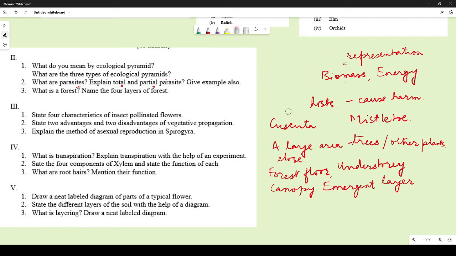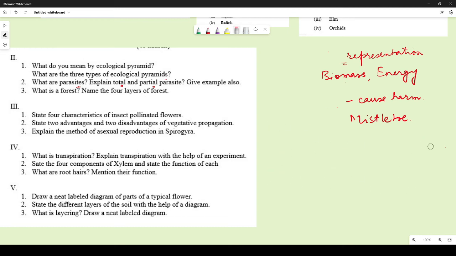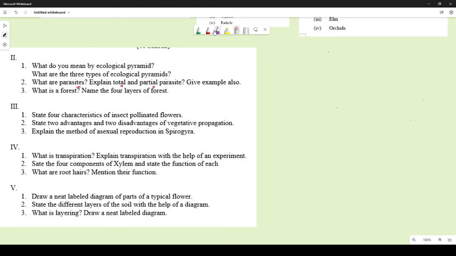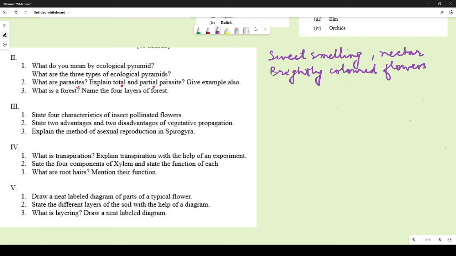It says, state 4 characteristics of insect pollinated plants. For insect pollinated plants, you know that they need to attract the insects to come to them. So mostly they are sweet smelling flowers because they produce scent and nectar for the insects to come and feed on them. Then they have brightly colored petals, brightly colored flowers, in order to attract insects, so that the insects can come and sit on them.